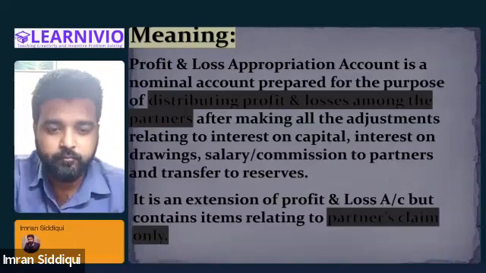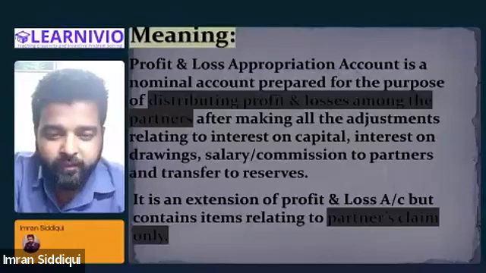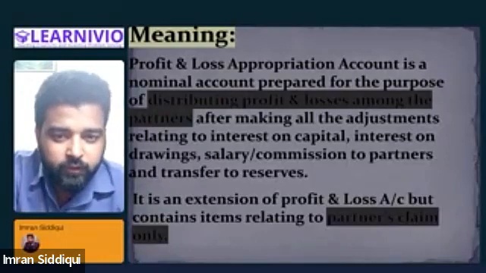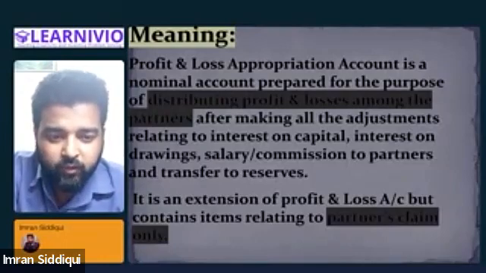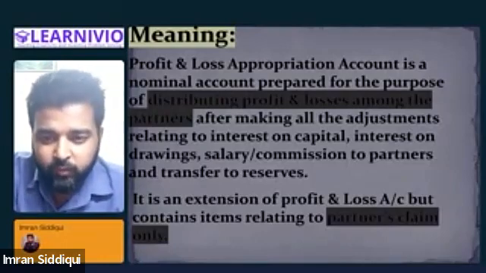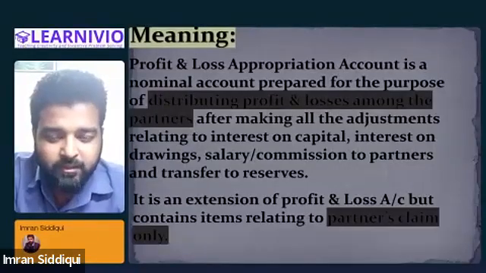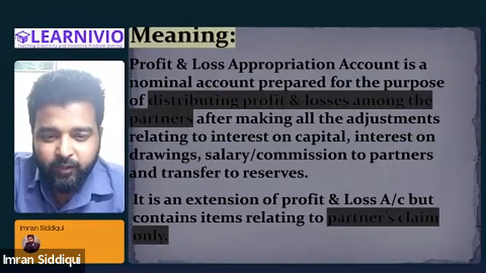Let me explain the P&L appropriation account for you. Meanwhile, you write it down. The profit and loss appropriation account, Vanisha, is a nominal account where we record the income and expenses in respect of a partner.